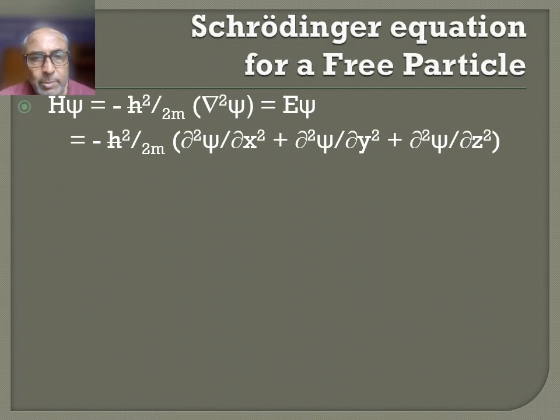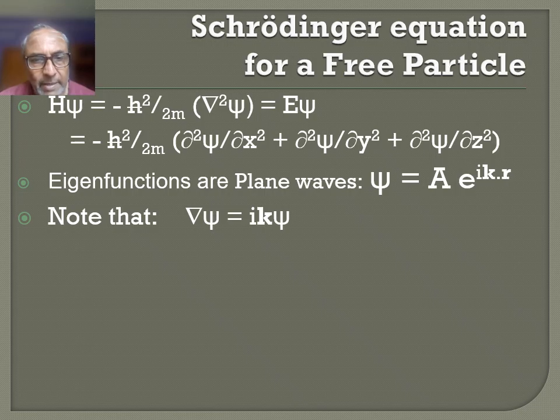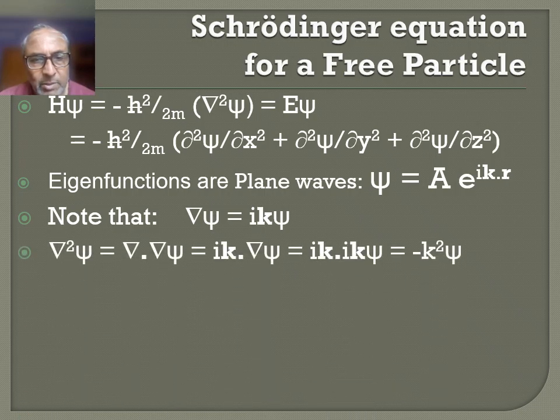So the Schrödinger equation for a free particle takes the form H psi equals minus h-bar squared by 2m times del squared psi equal to E psi. And we can show that its eigenfunctions are plane waves, that is psi equals a e to the power i k dot r. To show this, note that del psi is equal to i k times psi. Therefore, del squared psi is equal to del dot del psi, which is equal to i k dot del psi, which is equal to i k dot i k psi, which is equal to minus k squared psi.